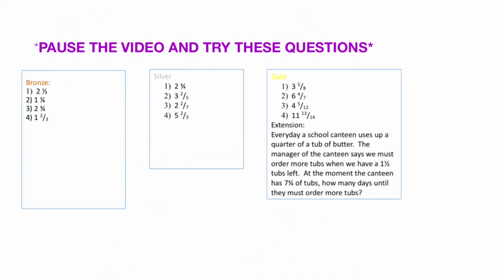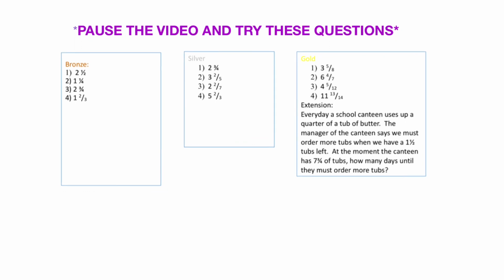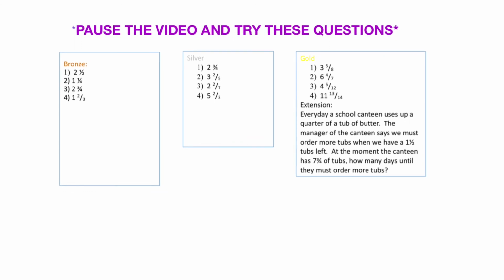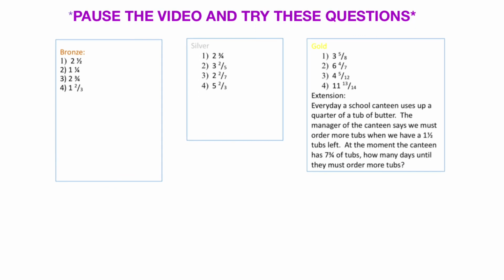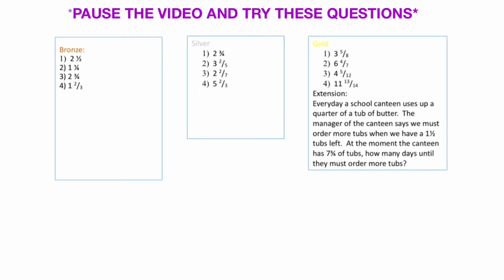So what I would like you to do is pause the video just now, and change each of these mixed numbers into an improper fraction. So just choose which set of questions you want to do. Again, bronze are the most straightforward, then silver, then gold, and the gold one has a quite tricky extension question for you to have a think about.